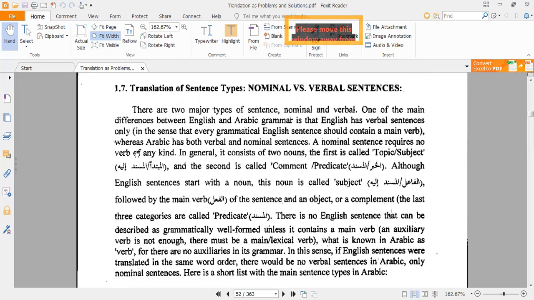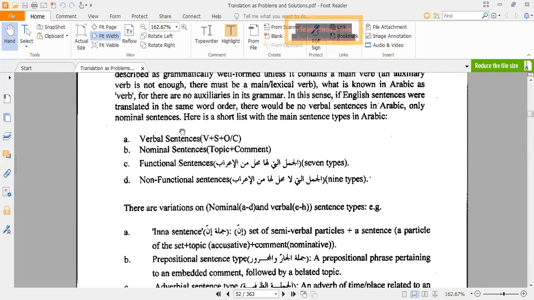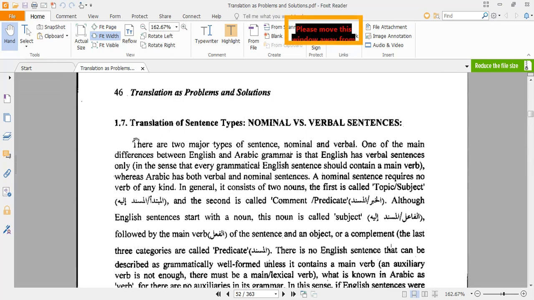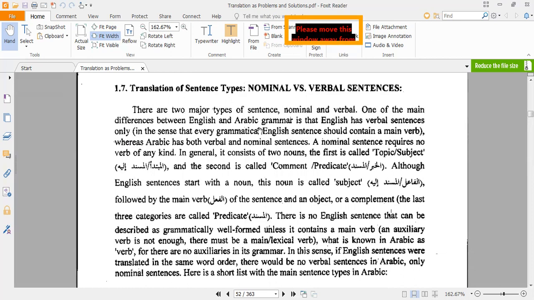In short, the nominal sentence doesn't include a verb, while the verbal sentence includes a verb. Now, in English we have verbal sentences only, and we do not have nominal sentences. All English sentences include a verb: subject, verb, object, or a complementary part.